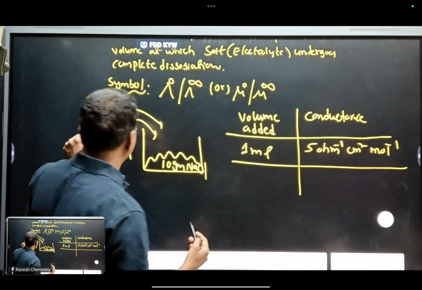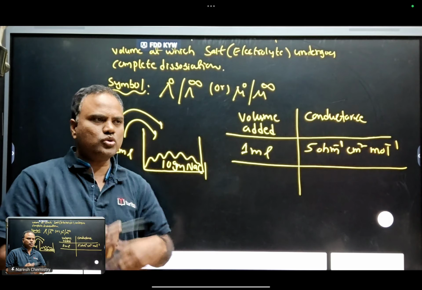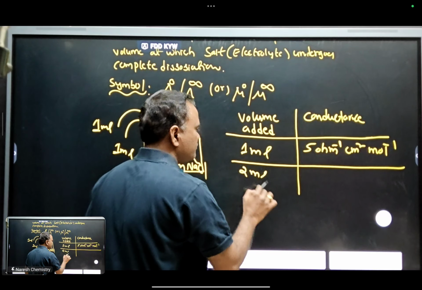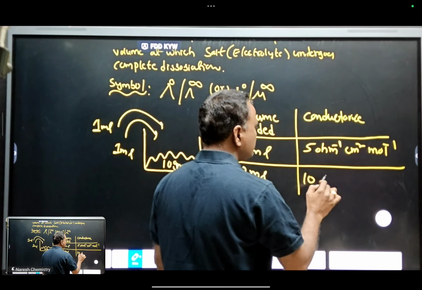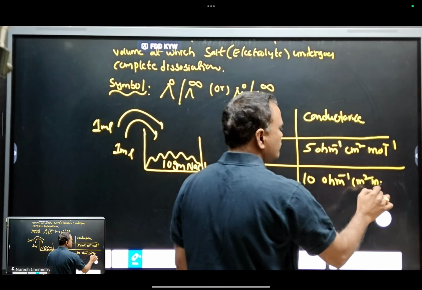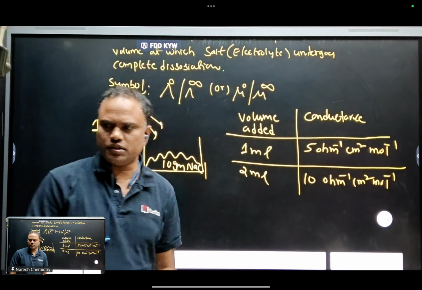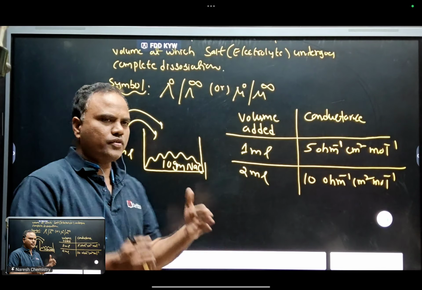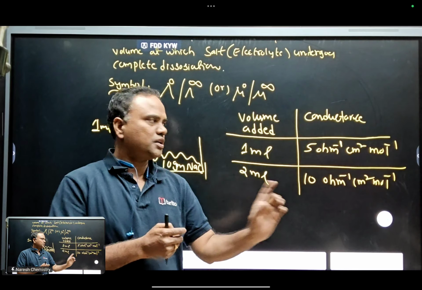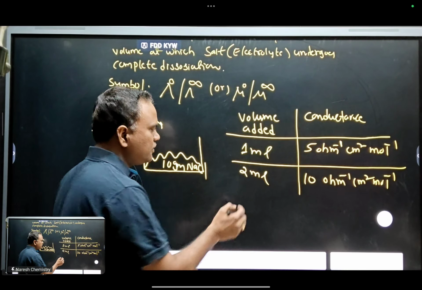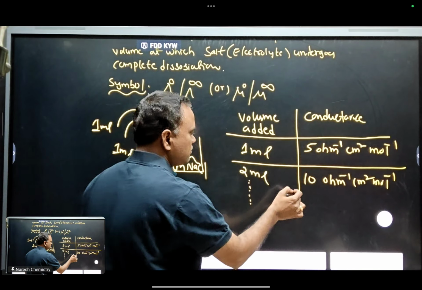Next, the second time you added 1 ml, so total volume 2 ml. These are the units of molar conductance. Let us consider conductance as molar conductance. For 1 ml, the value is 5. For 2 ml, 10, and so on.